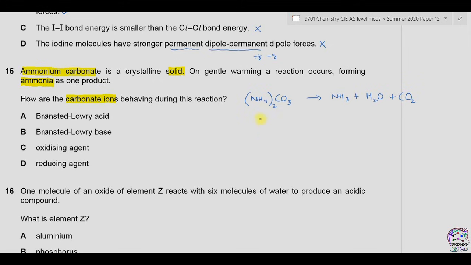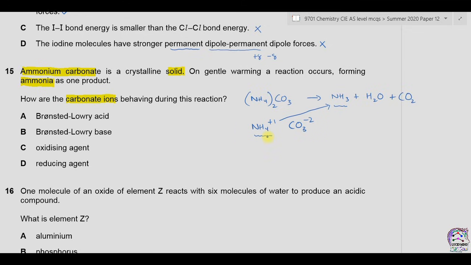As we know that in ammonium carbonate, the charge on NH4 is +1 and the charge on carbonate is -2. In the products you can see ammonia is formed. So therefore we can say that one H+ is lost from the ammonium ion in order to make NH3, and this H+ ion combines with oxygen to form H2O.